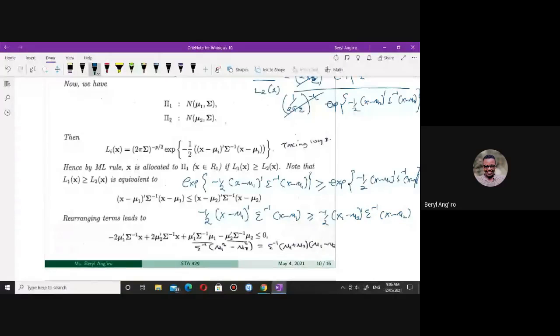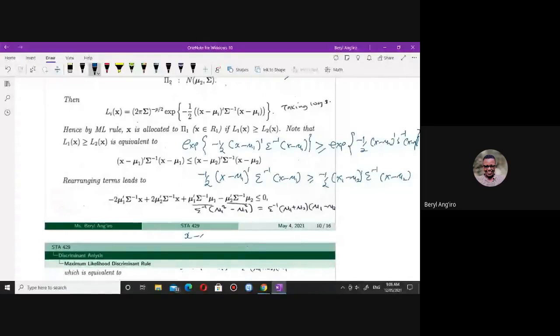If we divide both sides by negative a half, or multiply by negative 2, then this sign will of course change because we are dividing by a negative. So we'll have (x minus mu1) transpose sigma inverse (x minus mu1) is now less or equal to (x minus mu2) transpose sigma inverse (x minus mu2).